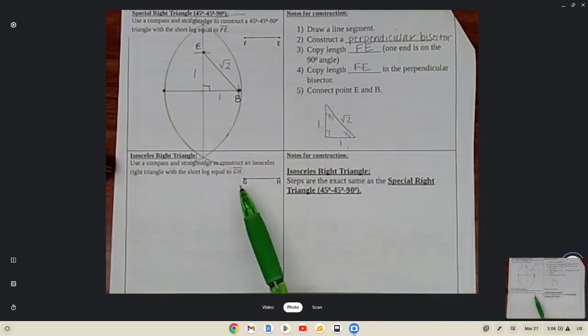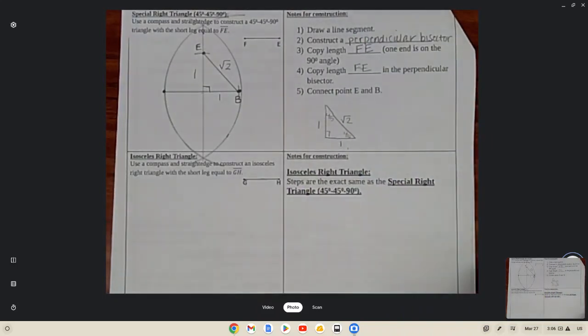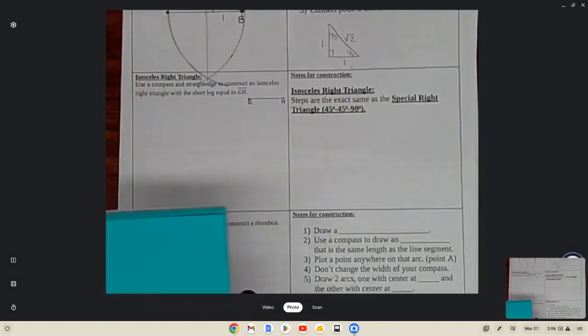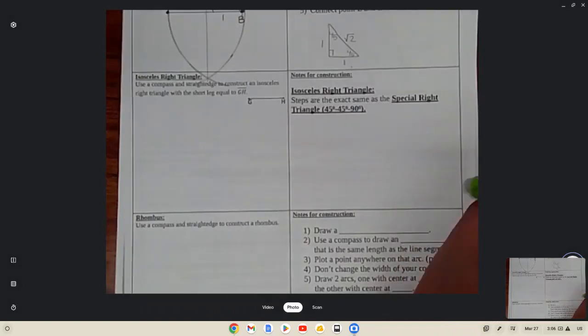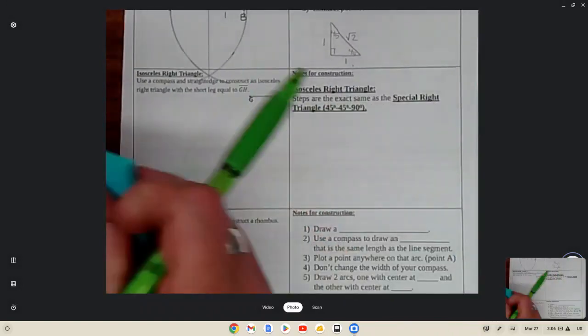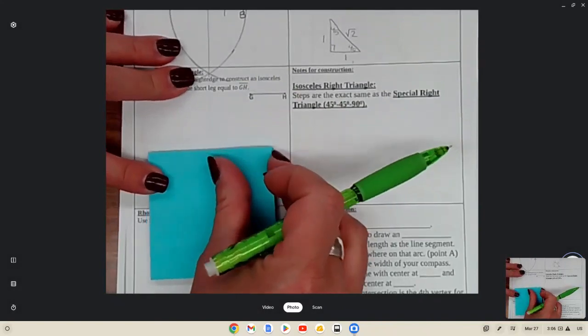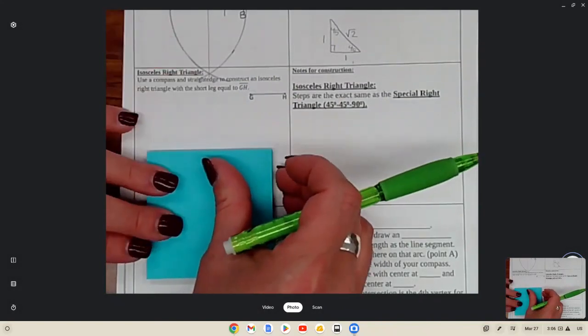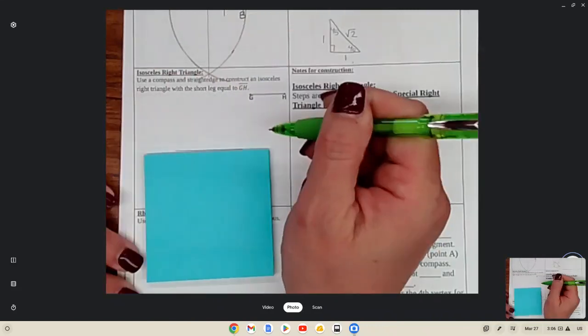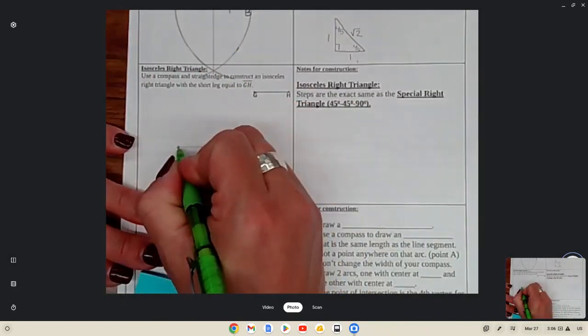Okay? The only difference is that we're using different letters. Okay? So right here where it says isosceles right triangle, just do it right there. Same exact steps. Notice it even says it over here. Steps are the exact same. Okay? So I will do it with you, but I'm not going to vocalize. This means I'm not going to talk.